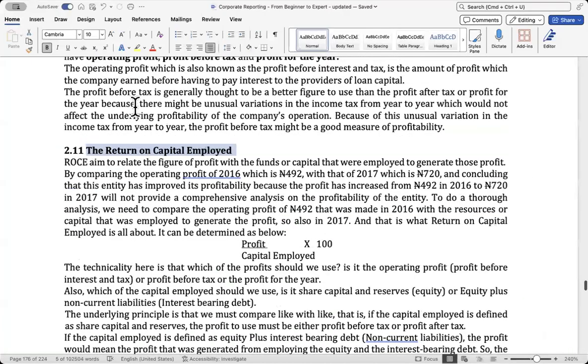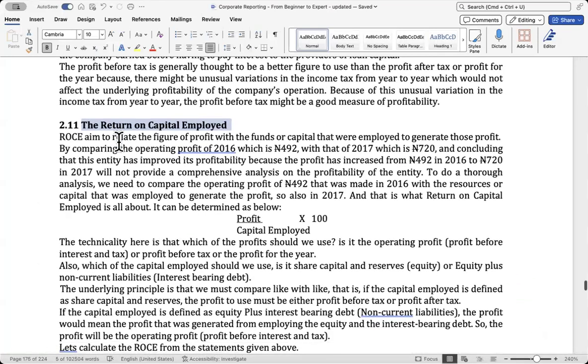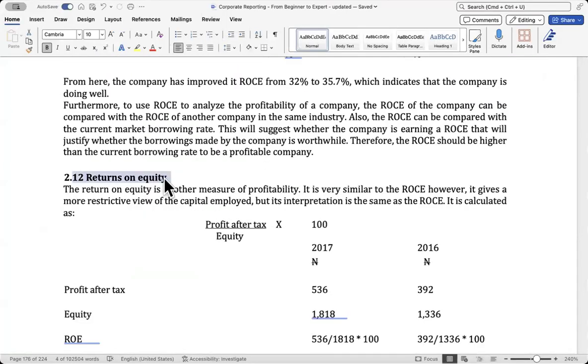Most of you should know that the return on capital employed measures the amount of profits that an entity is able to generate from its available financial resources or capital, which is also very similar to return on equity.